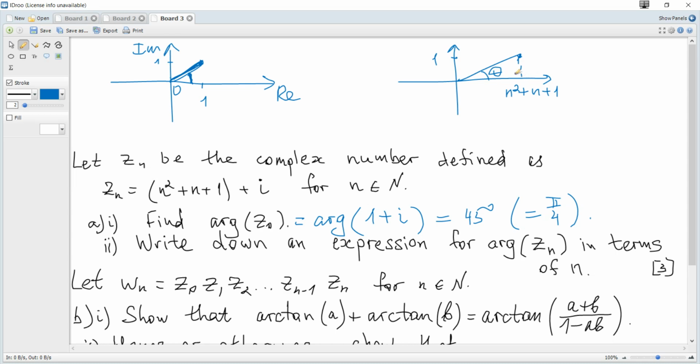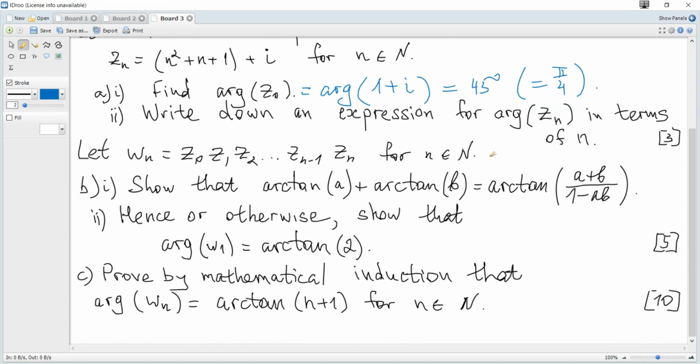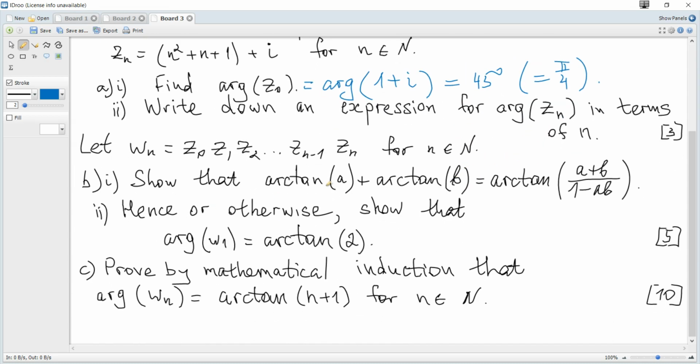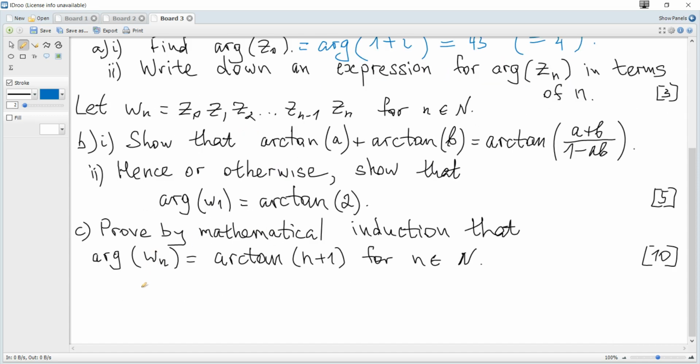We can consider a right angle triangle, and tangent theta is opposite over adjacent, which is 1 over n squared plus n plus 1. So theta is just arctangent of 1 divided by n squared plus n plus 1. So the argument of z_n is arctangent of 1 divided by n squared plus n plus 1.